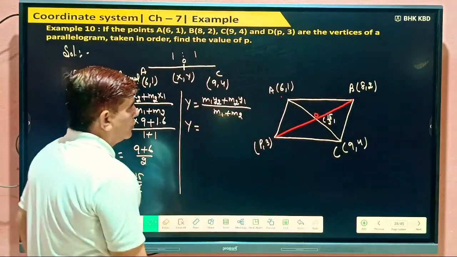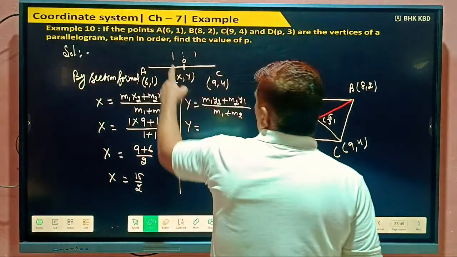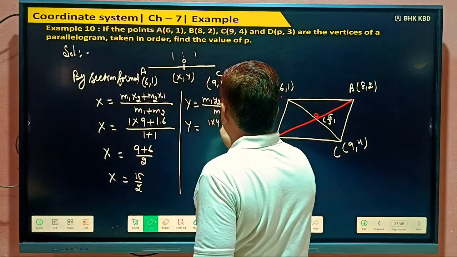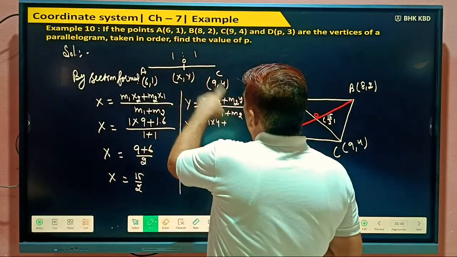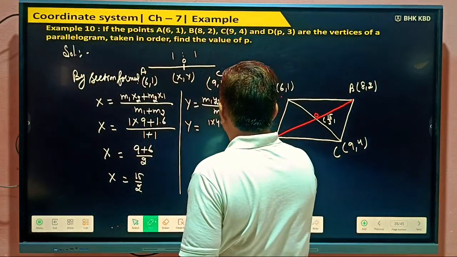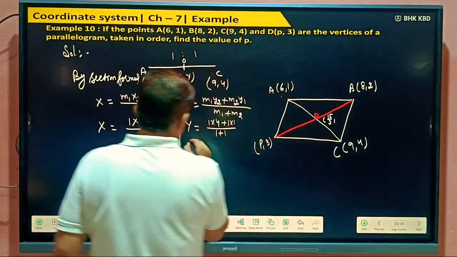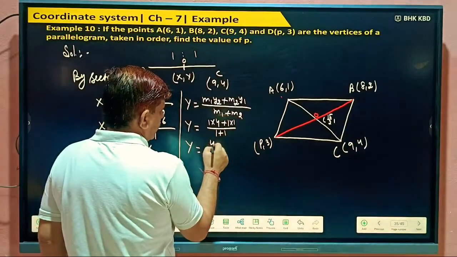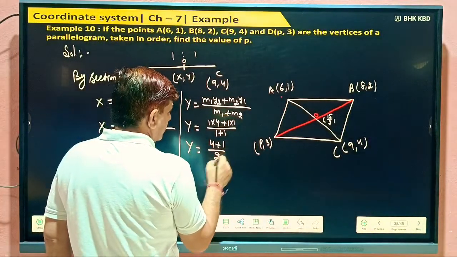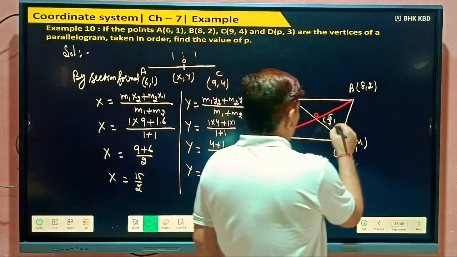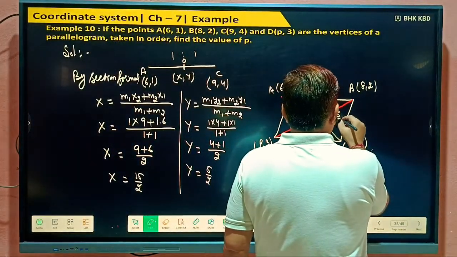So Y equals 1 into 4 plus 1 into 1 by 1 plus 1. Y equals 4 plus 1 by 2, so Y equals 5 by 2. So the other coordinate is 5 by 2.